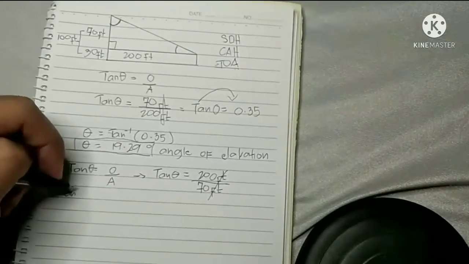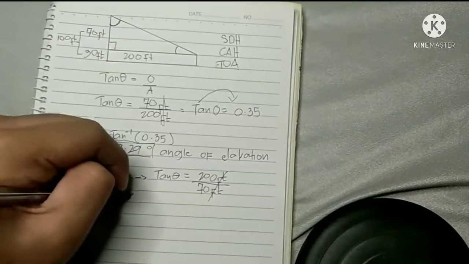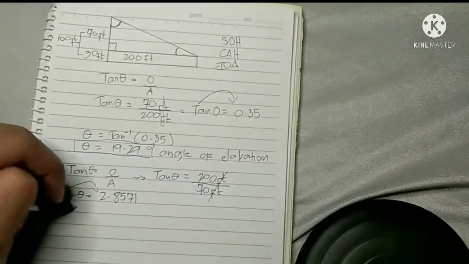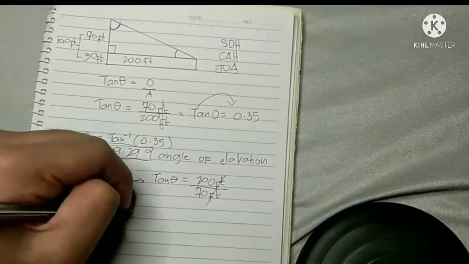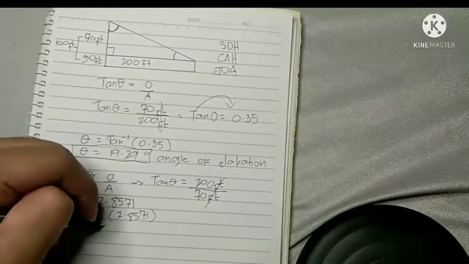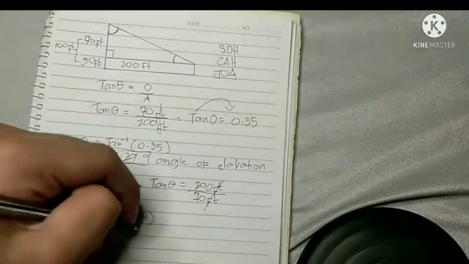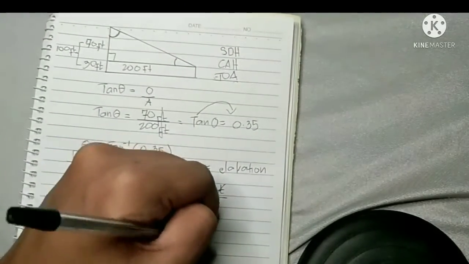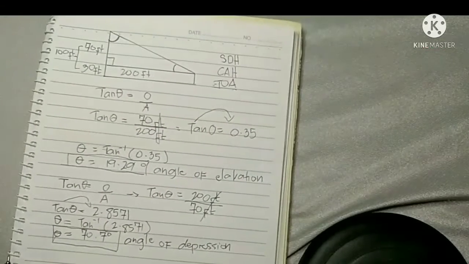So let's solve, and tangent theta equals 2.8571. To find our angle, theta equals the inverse tangent of 2.8571. Let's use our calculator again, and we will get theta equals 70.7 degrees, and this is our angle of depression of our base.